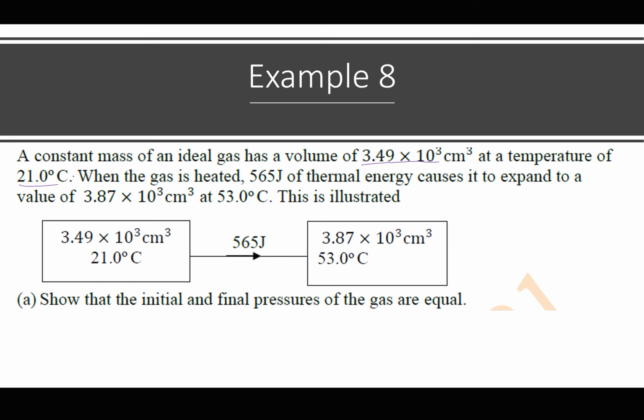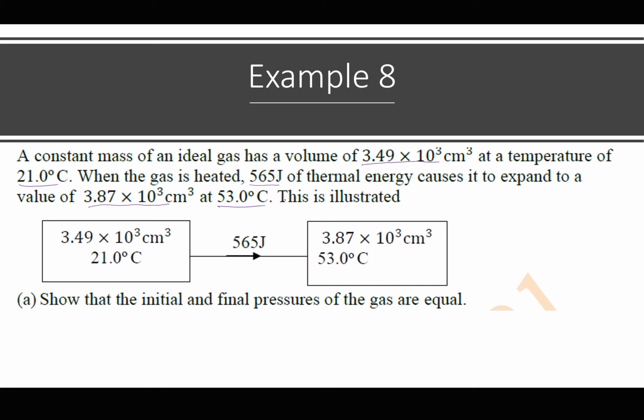When the gas is heated, 565 joules of thermal energy causes it to expand to a volume at this temperature. This has been illustrated here. But the question is saying show that the initial and final pressures of the gas are equal.